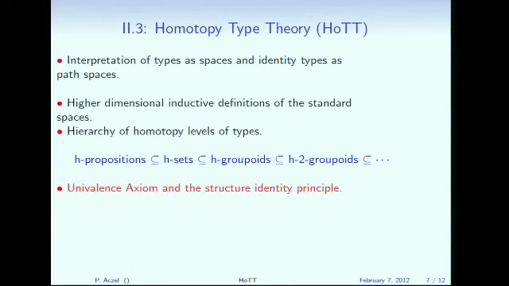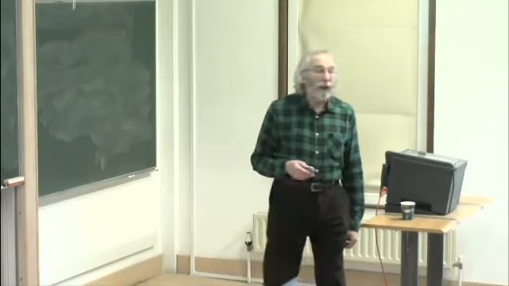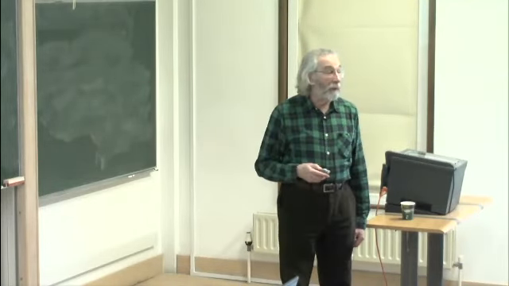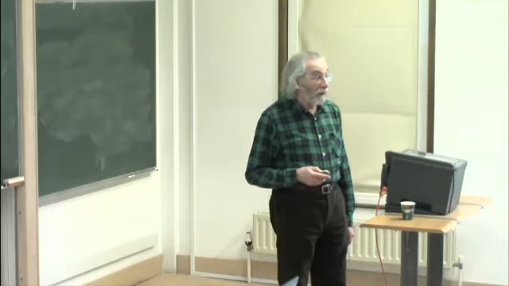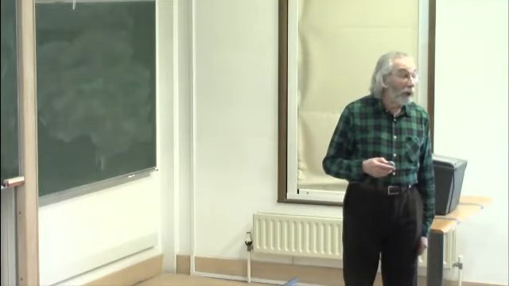homotopy theory. Then there's the univalence axiom and the structure identity principle. So this is what I'm going to spend the rest of the slides on, talking about the structure identity principle, and that the univalence axiom entails that this holds in a very strong way in homotopy type theory.